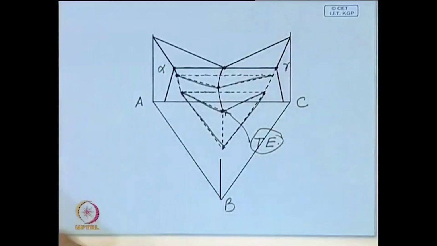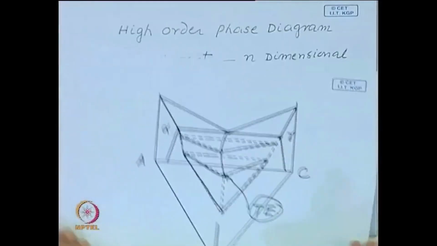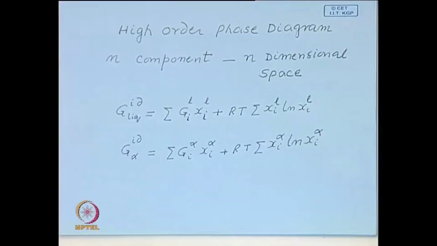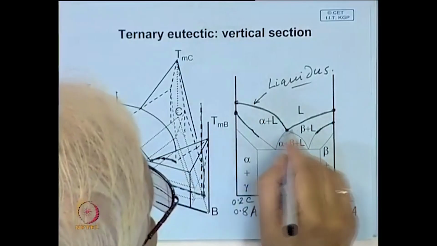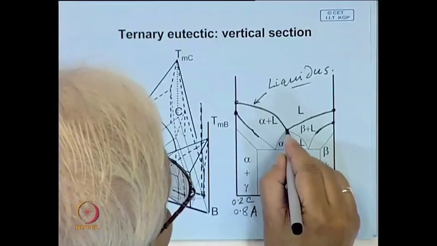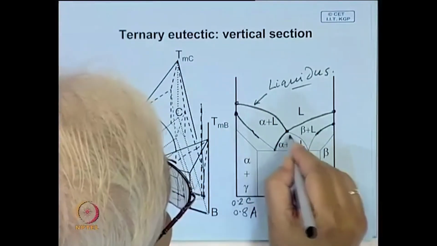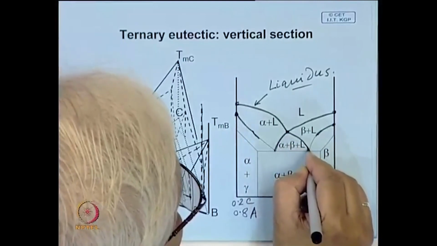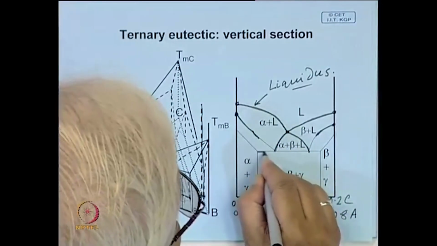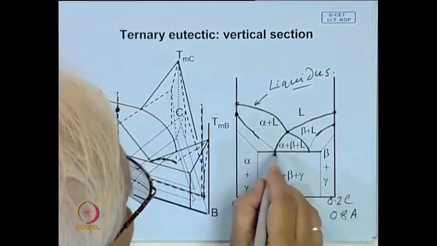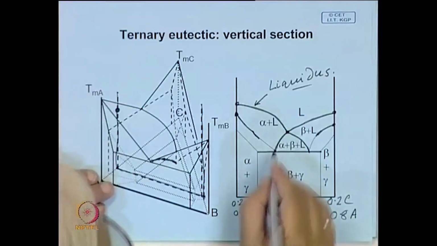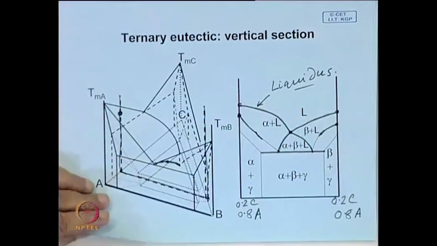So, with this we come back to this diagram. What it shows is below this point, this is that section, and this is the ternary isotherm, and this will meet at this point.